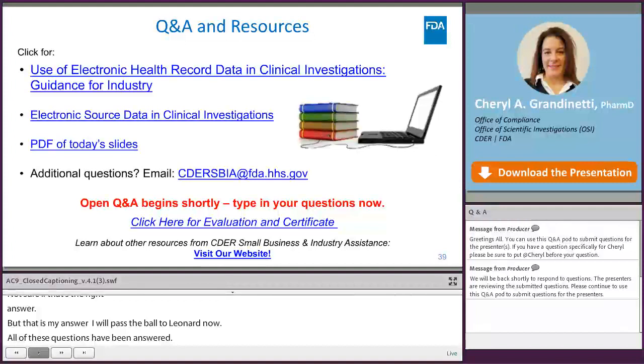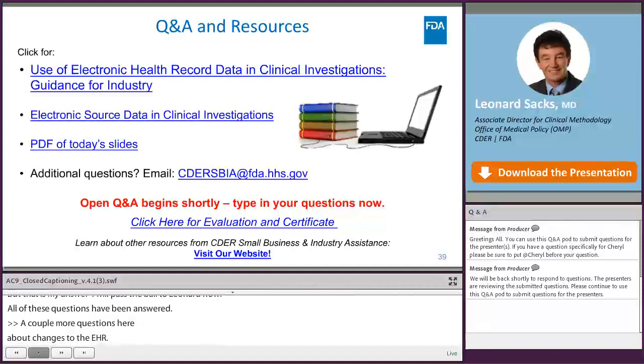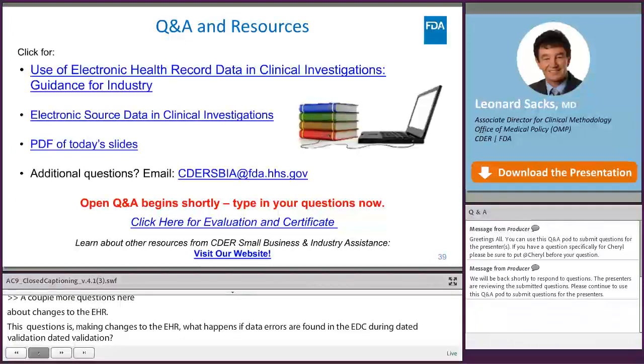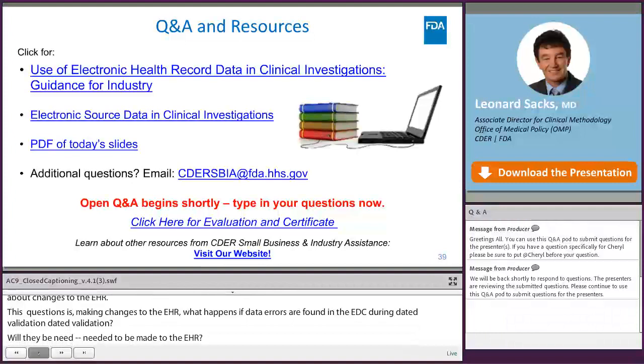A couple more questions here about changes to the EHR. This question says, regarding changes to the EHR, what happens if data errors are found in the EDC during data validation? Will the data corrections need to be made to the EHR? Well, we don't have any mandate to say what needs to happen in the EHR, but it certainly sounds like a good opportunity for communication between the two systems.